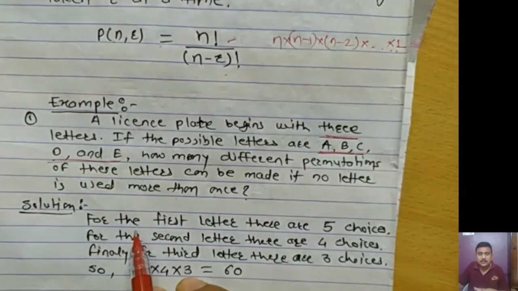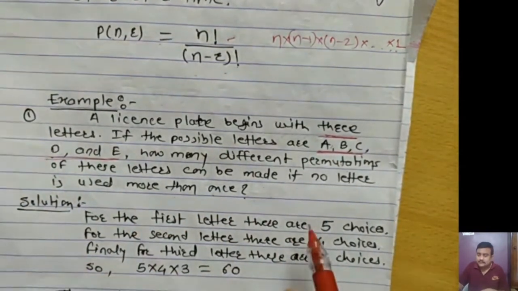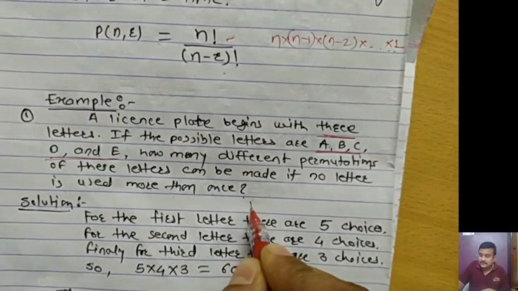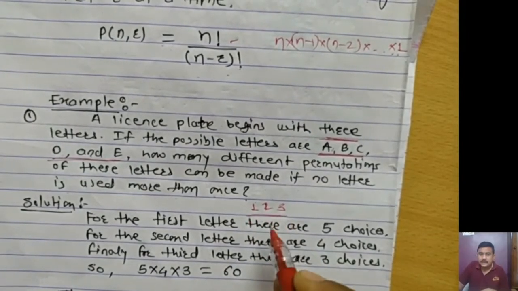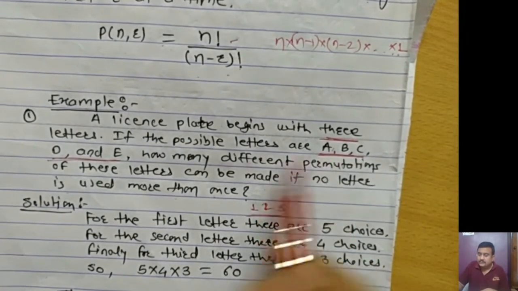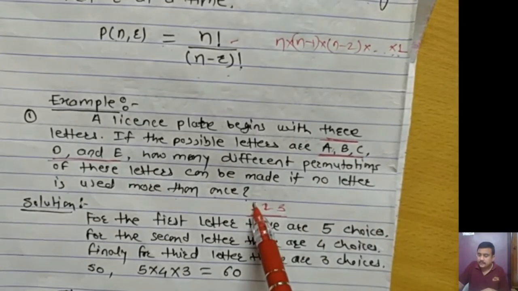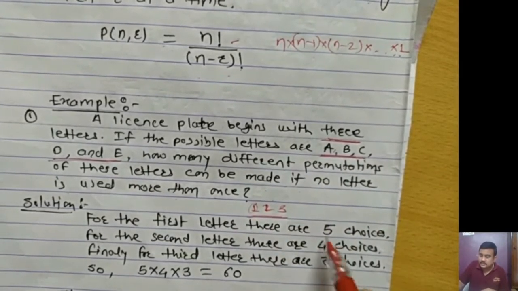So there are 3 places, place 1, place 2 and place 3. Out of these 5 alphabets, at the first position there are 5 choices.